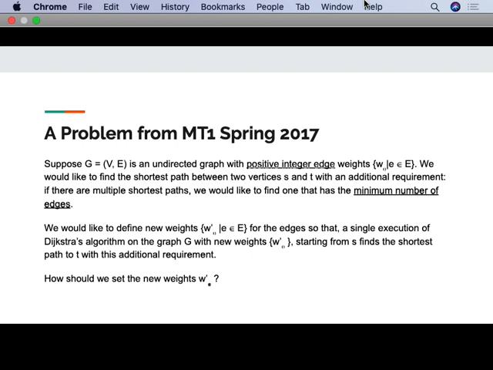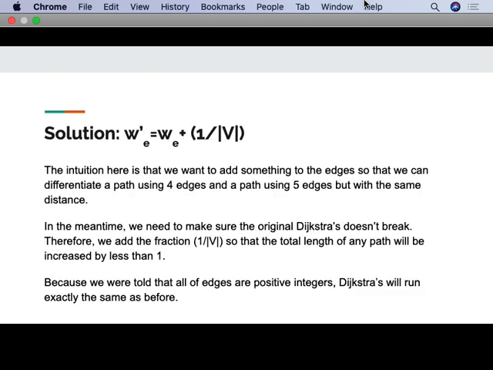How should we set that weight? Yeah, x plus 1. That's the closest you can get. And if you make sure that the additional weight is not more than 1, that means that no matter how you add up these weights, it's not going to violate the order. Yes, and I think this is a valid example.